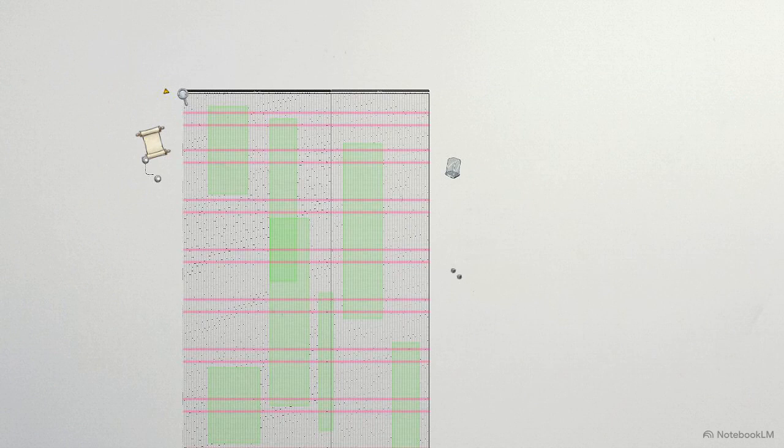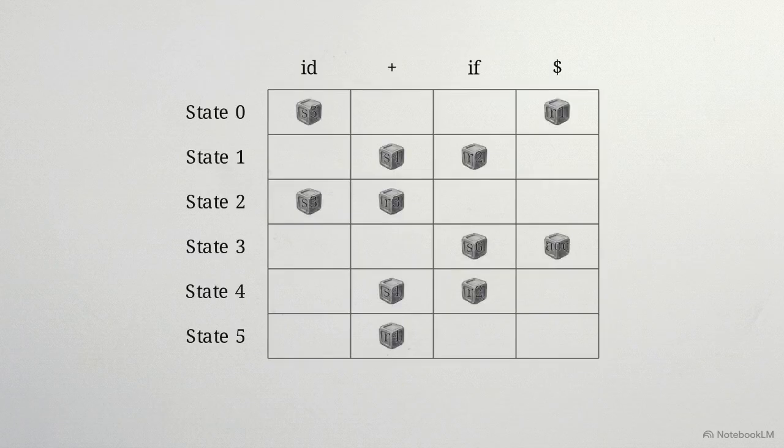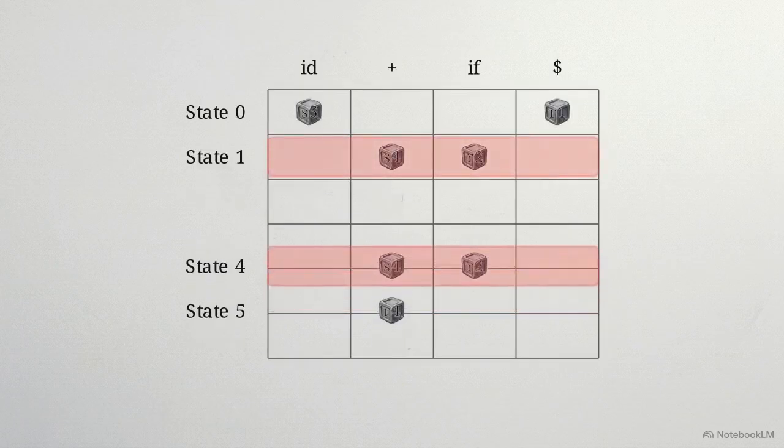A close inspection reveals heavy redundancy. Vast sections of the array are empty error cells, and many populated rows are completely identical. To fit this logic into constrained hardware limits, the compiler applies parsing table compaction. Instead of storing a massive two-dimensional grid, the algorithm identifies identical rows of actions and collapses them.